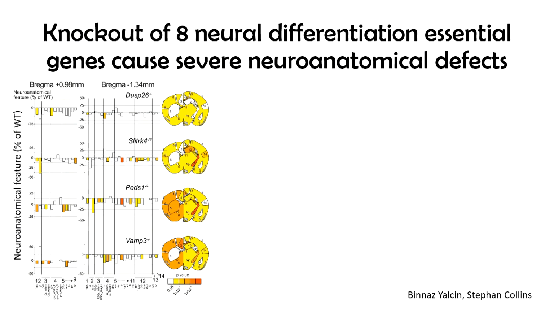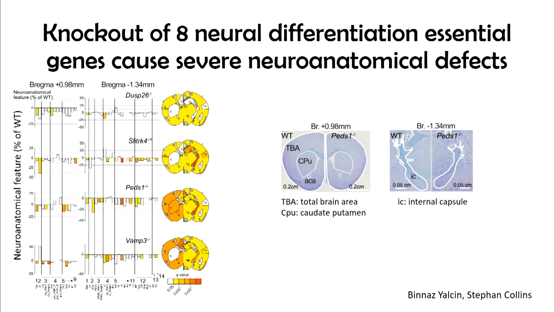But still, there are some regions that are more significant than others. For example, for PEDS1, in addition to the smaller total brain area, we see that the internal capsule is much smaller. This is an important structure, a white matter structure that connects the cerebral cortex with other subcortical structures.